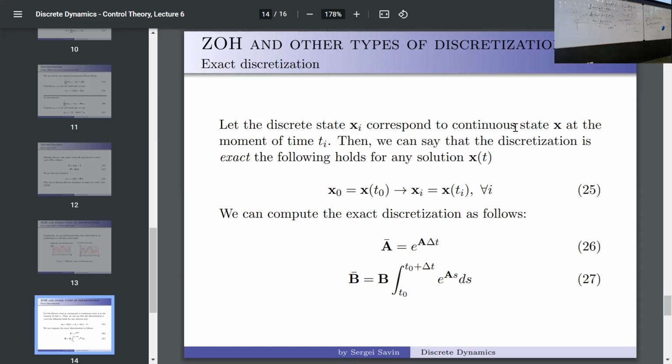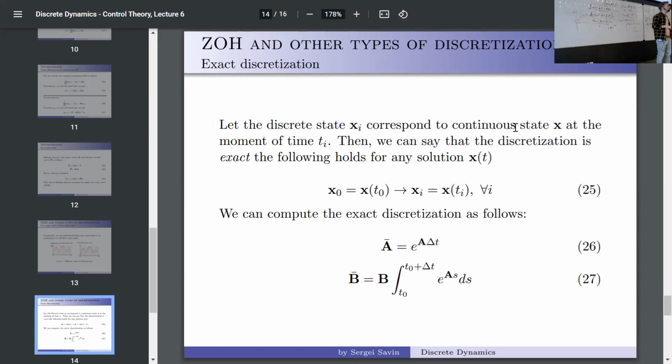So let's say that I'm here at the point 100, and my continuous dynamics would land me in delta t time at the point 100.5. Regardless of what the slope of my continuous dynamics is, precise discretization would give me such a matrix that after delta t, I'll be at 100.5.